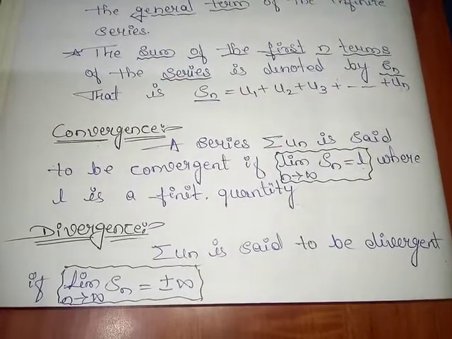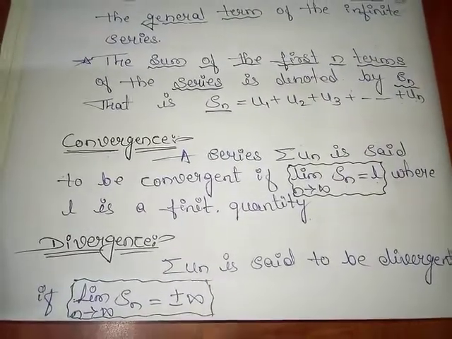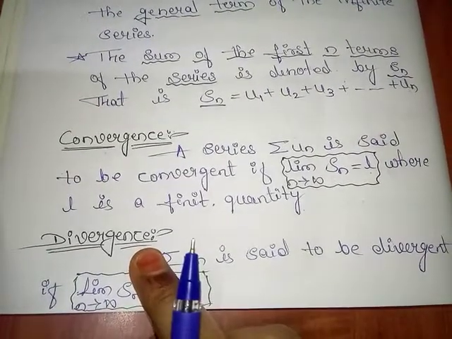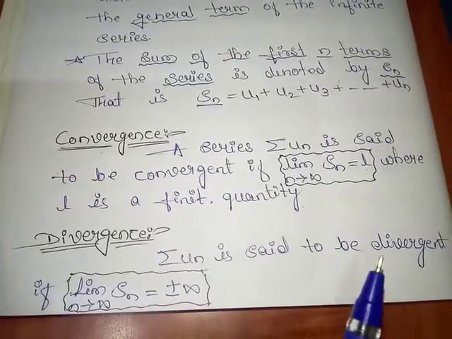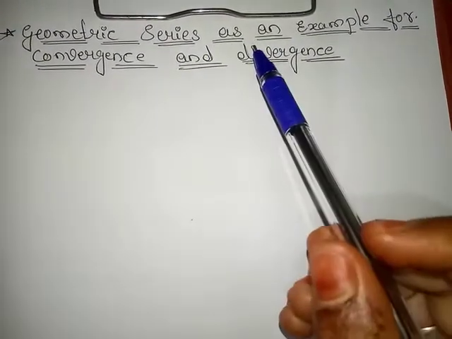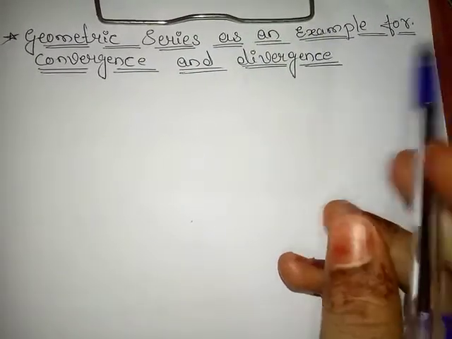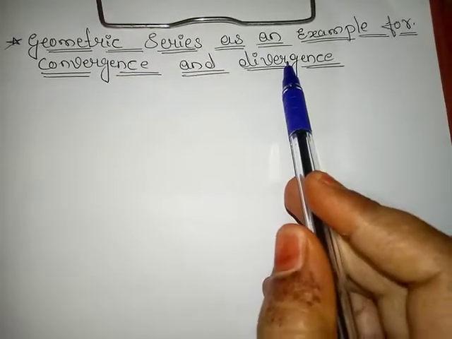You can't get any finite value. That series is called a divergent series.